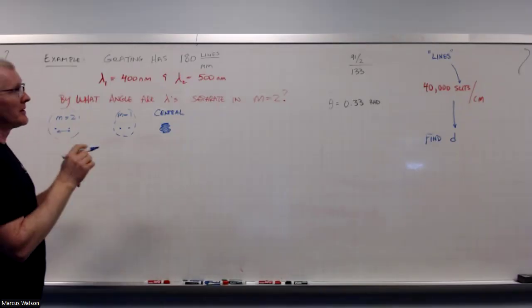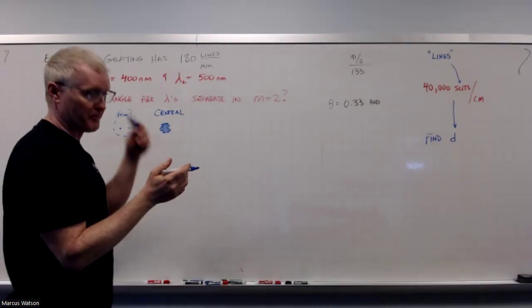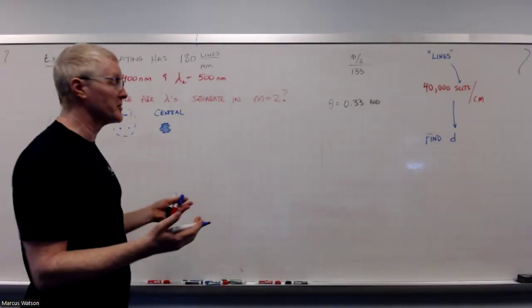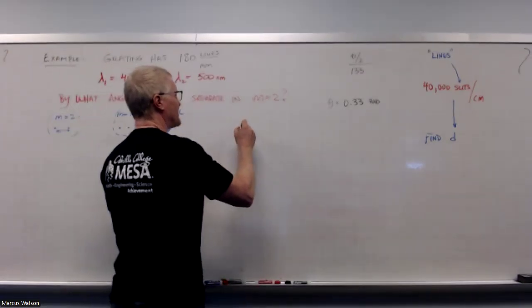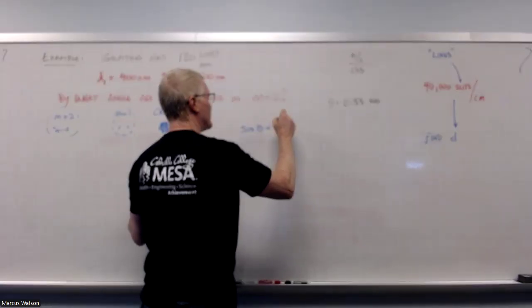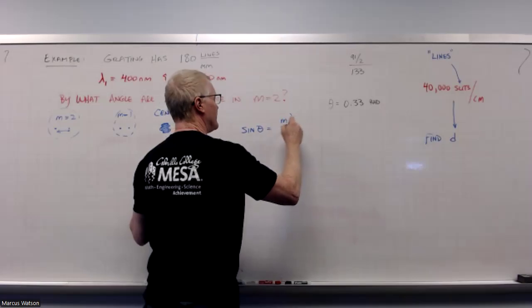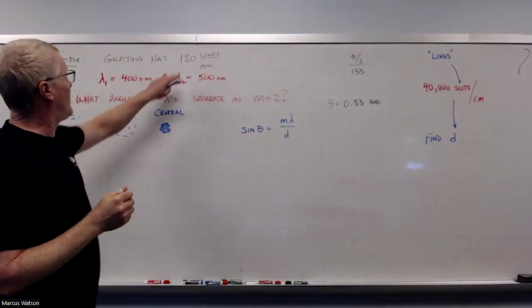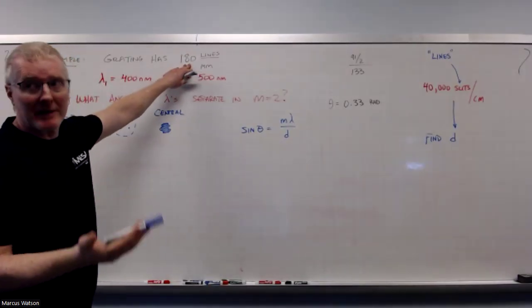All right, there's a couple different ways you could do this, but let's brute force it the first way, and just solve for what these angles are. We know that sine theta is going to be m lambda divided by d. And the d we know is related to this.